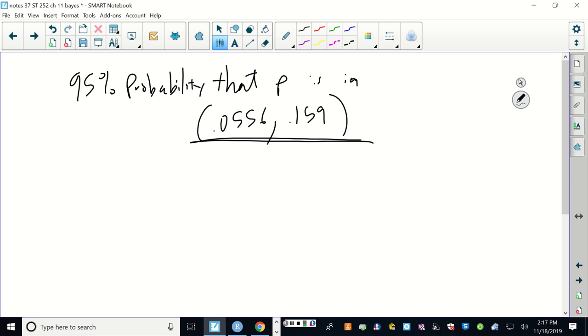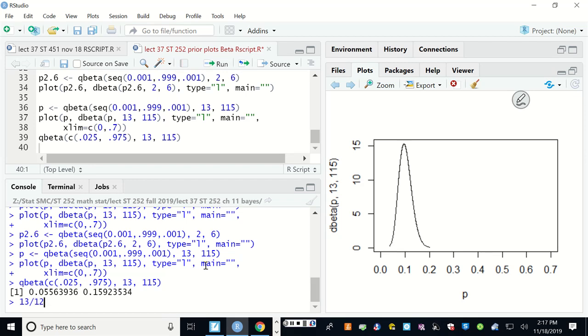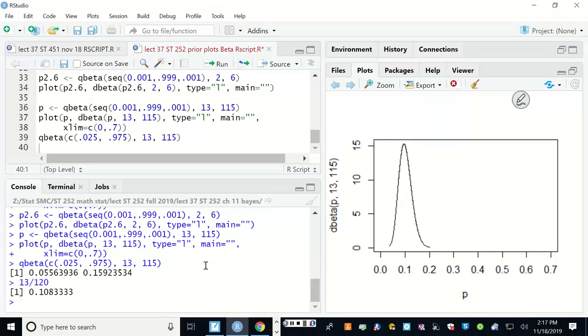If the data had been different, the interval would move, right? P hat, if we did maximum likelihood, with 13 over 120, the posterior mean, also, anyway, 13 over 120 for our data, 0.108.